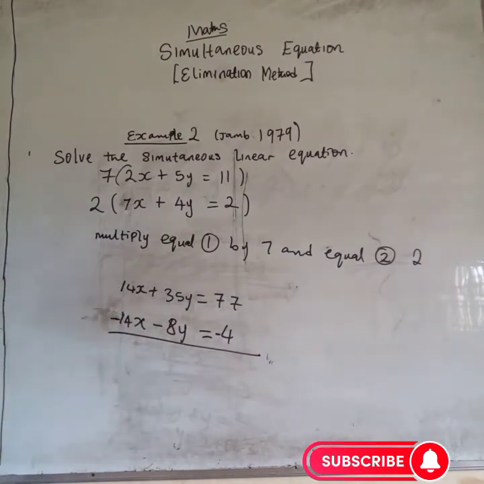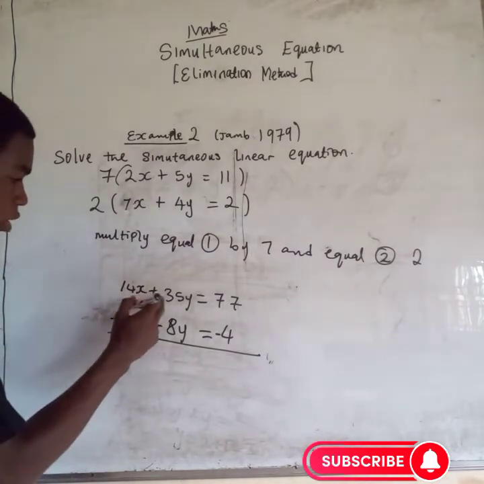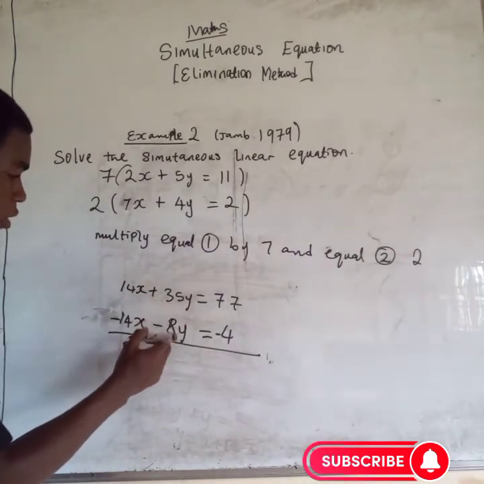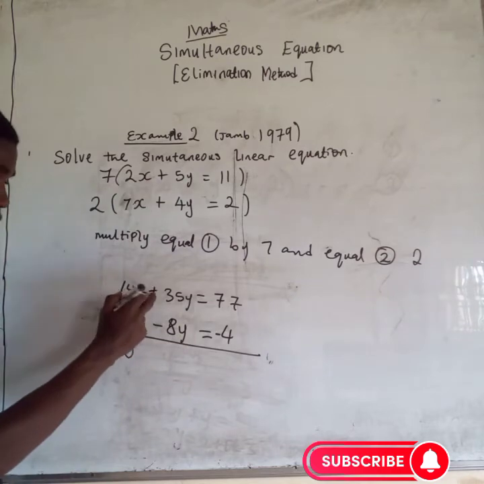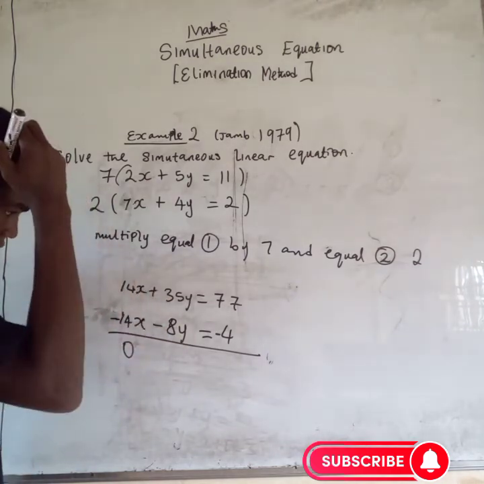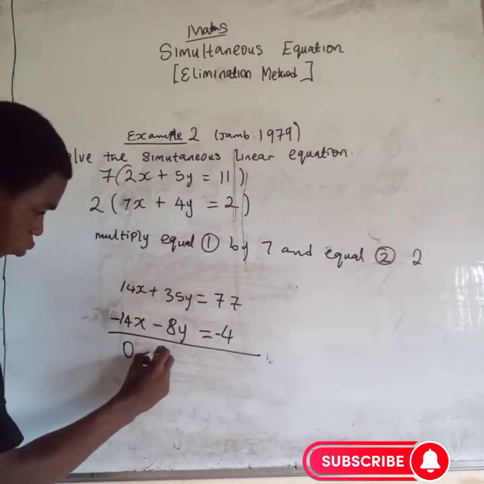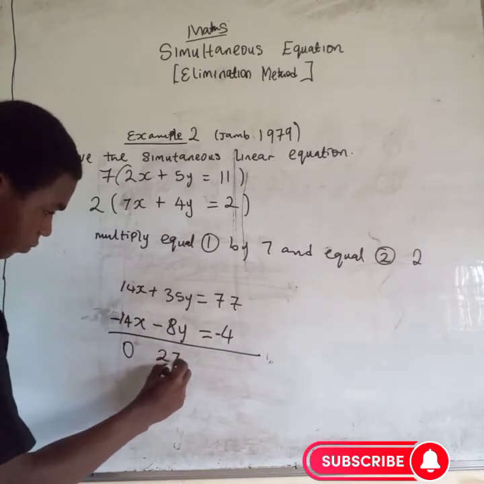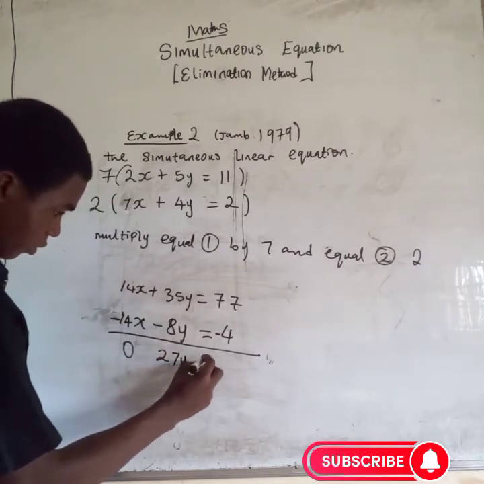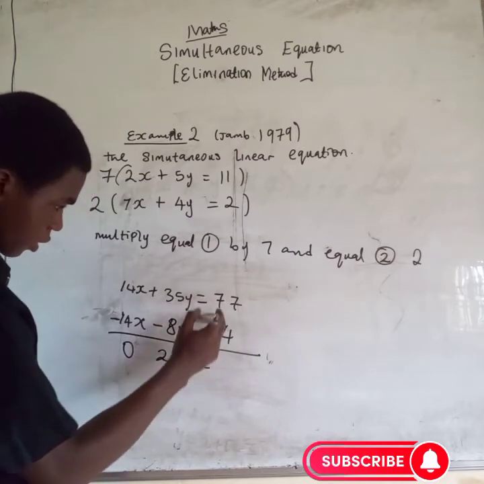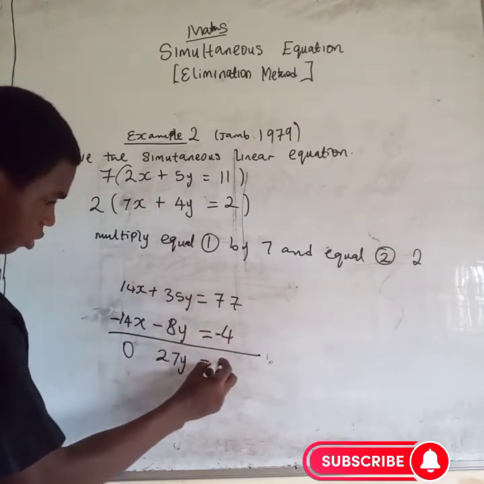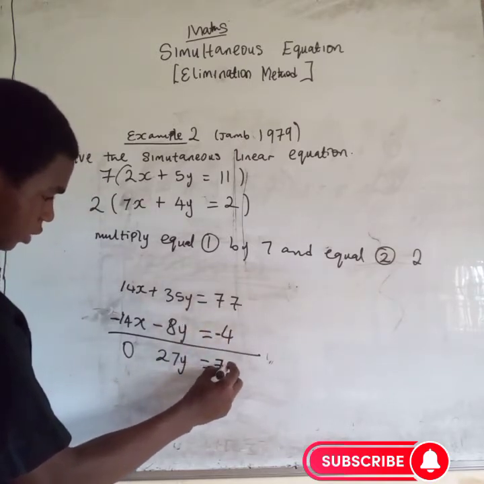So minus 14 plus 14 minus 14 is what? 0, right? Plus 35 minus 8 is what? 27. 77 minus 4 is what? 73.